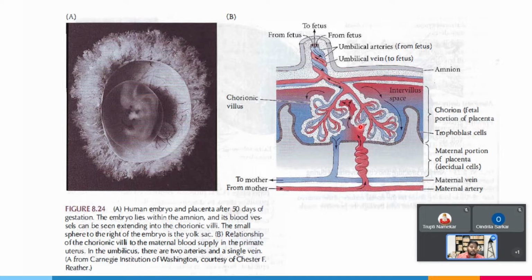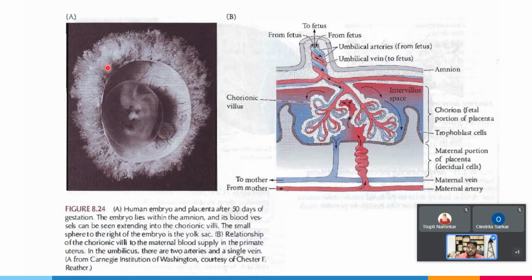This is how exactly the placenta works. The blood vessels are entirely formed from the extraembryonic mesoderm, whereas the chorionic villi structures, or this lining, are entirely formed from the trophoblastic cells, especially the syncytiotrophoblastic cells.